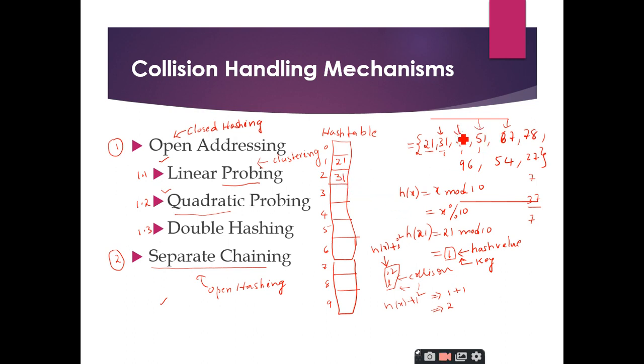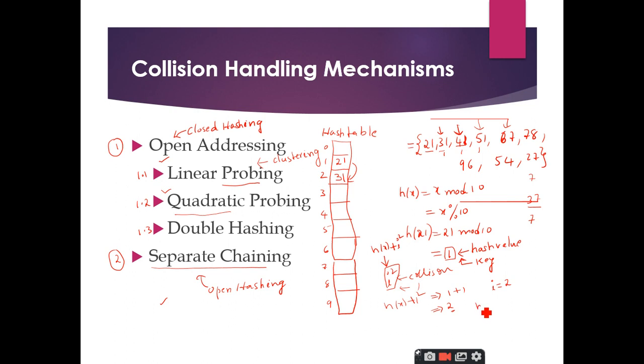Now coming to 41, it also evaluates the hash key as 1. Going to the first location, it is occupied, so the first collision has occurred. According to quadratic probing, I next probe h of x plus 1 square, therefore 2 has to be probed. Here also the slot is occupied by another element, and this is the second collision, so my i value is 2.